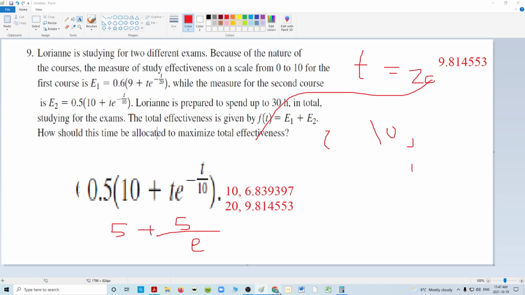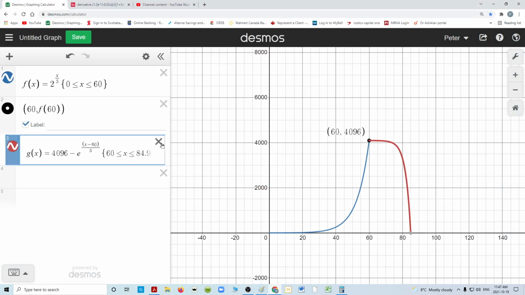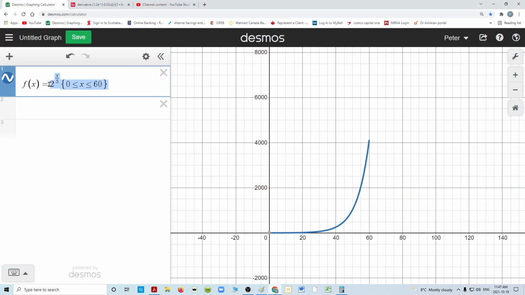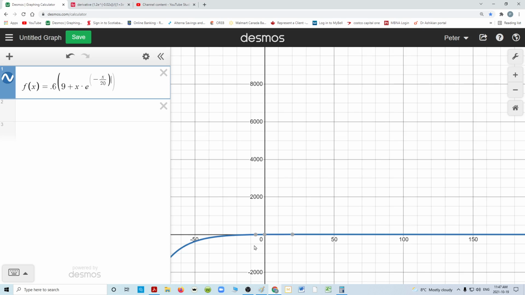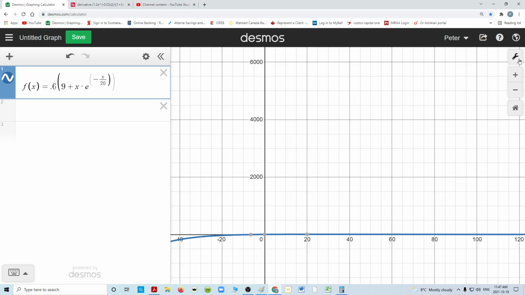Let's see if I got it right or if I got it wrong. We're going to do the first one. I'm going to use x. Okay, it's very hard to see it.